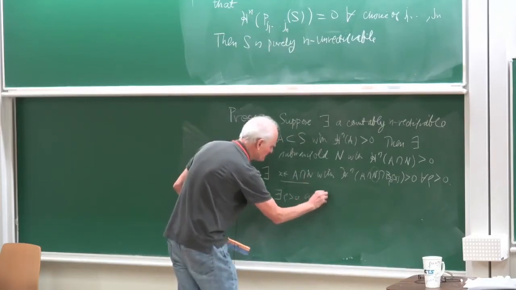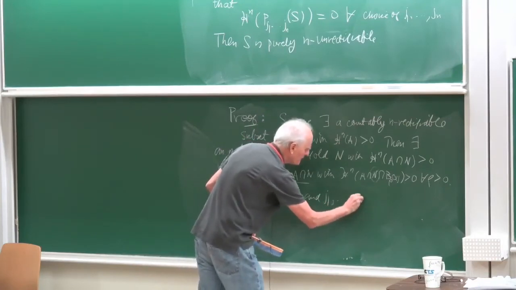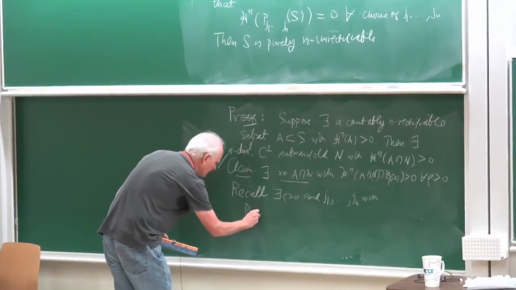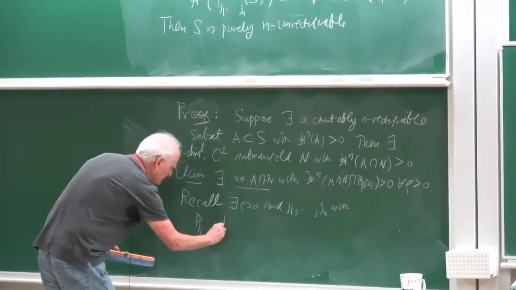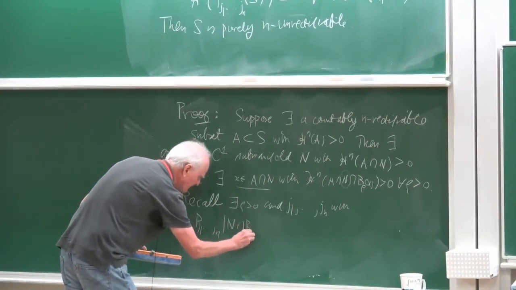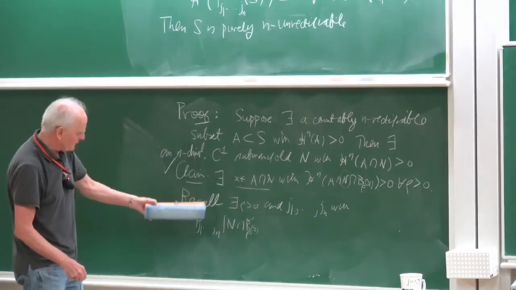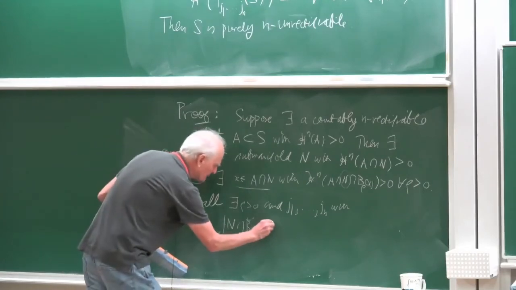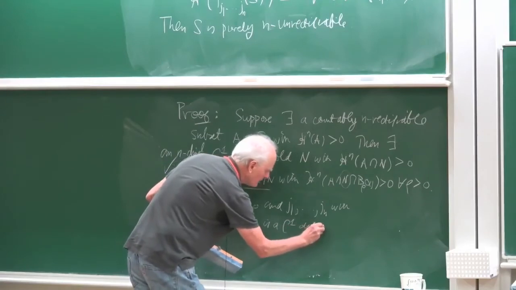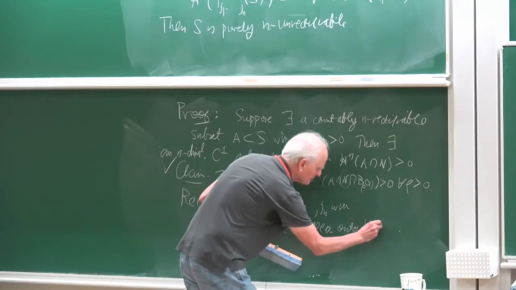There exists rho bigger than 0 and j1 up to jn such that the projection P(j1 up to jn), restricted to N intersect the open ball B(x, rho), is a local C1 diffeomorphism onto an open subset contained in Rn.